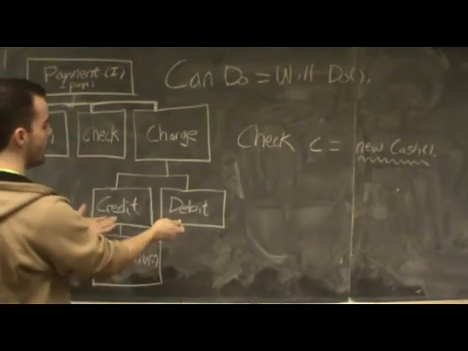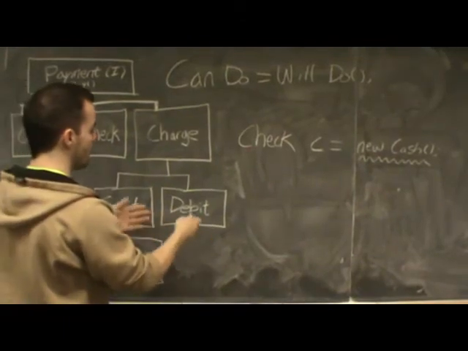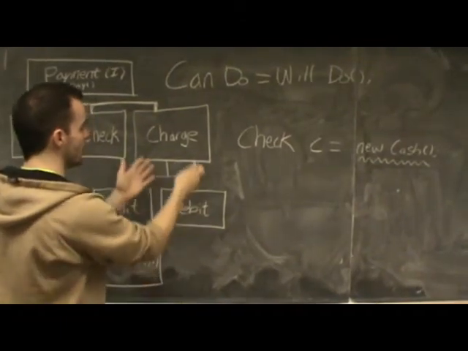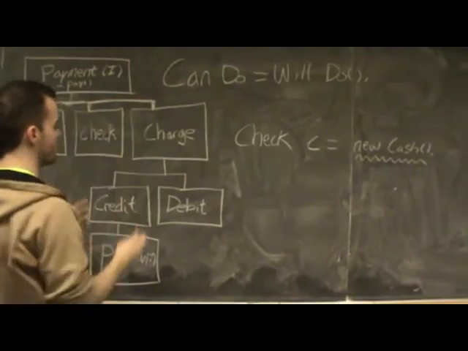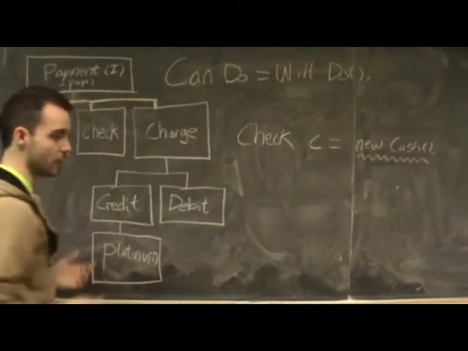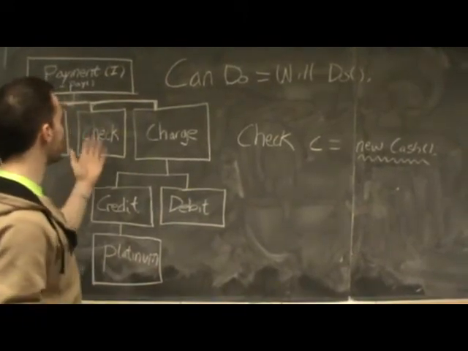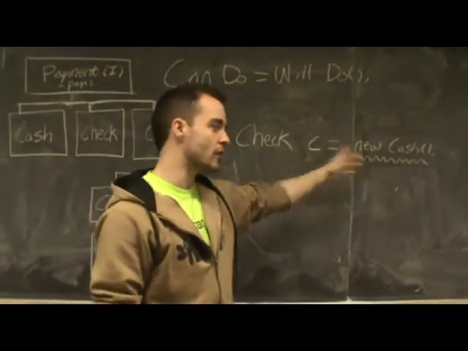This is what we call an is relationship. A debit is a charge, a credit is a charge, and a charge is a payment. So by the transitive property, a debit is a payment. Same with a check is a payment, a cache is a payment, but a check is not a cache, and a cache is not a check.